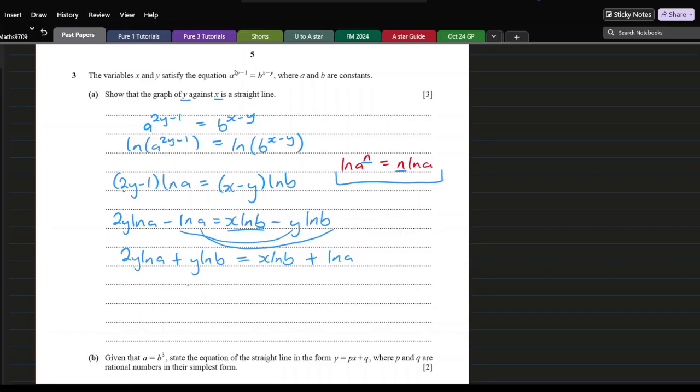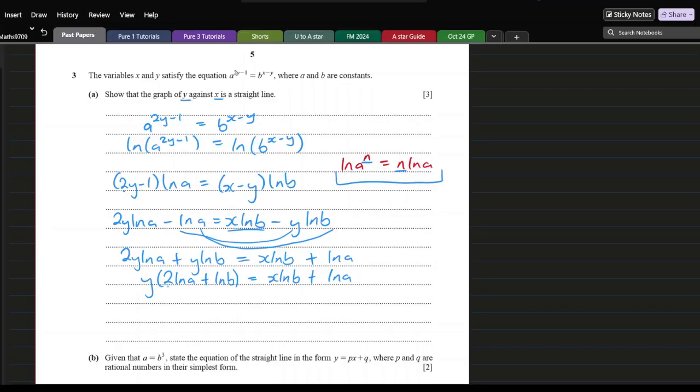Okay, and now let's factor out the y, so this becomes y times 2 ln a plus ln b is equal to x ln b plus ln a.